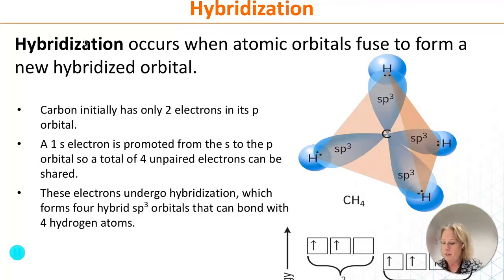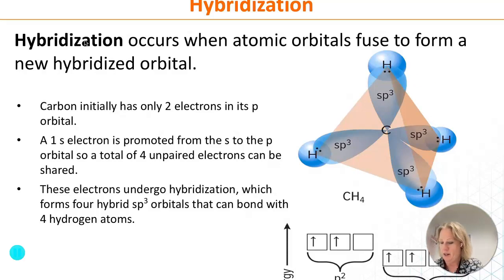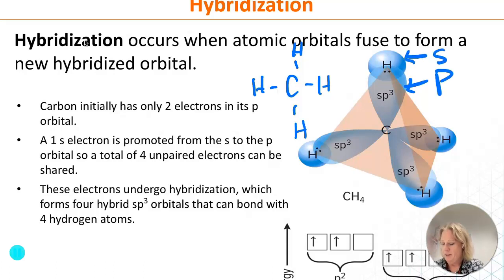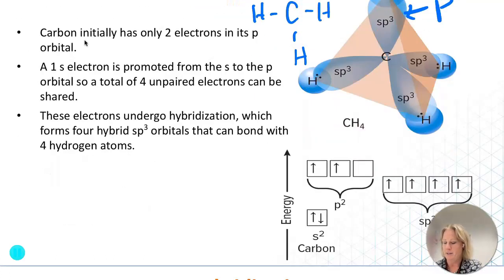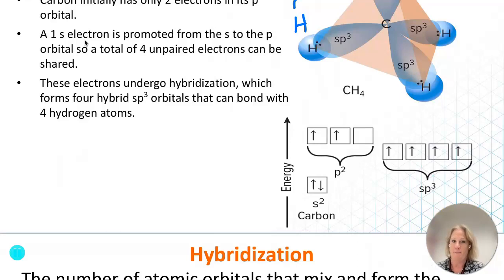So in this diagram, you can see this is CH4, methane, and you can see the remnants of the p dumbbells and also the s morph into these weird shapes, which you don't need to know, but I'll explain it. The drawing over here does, but I think it's easier to explain if I draw it.